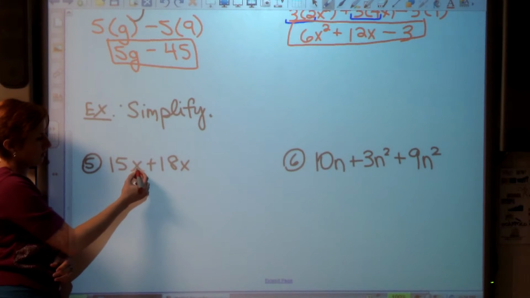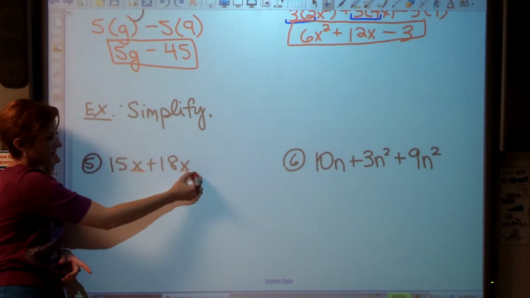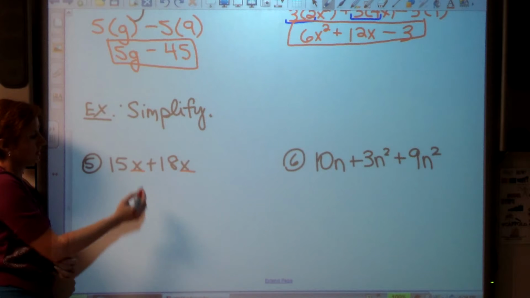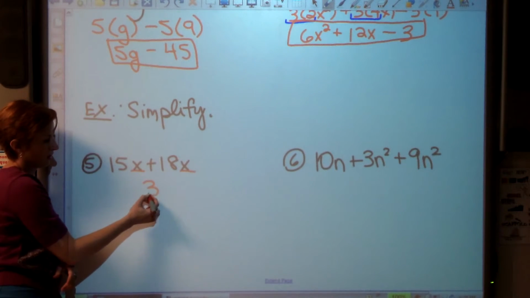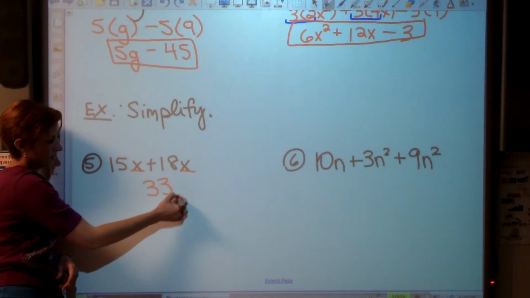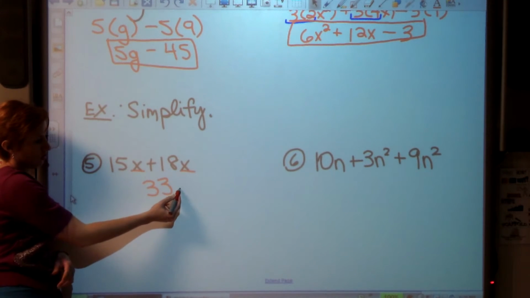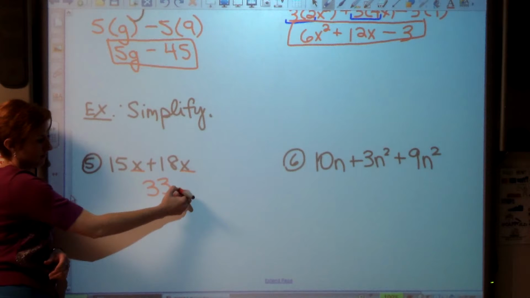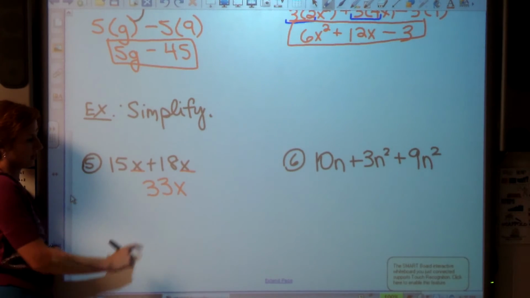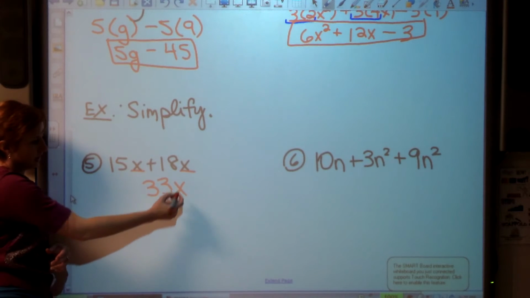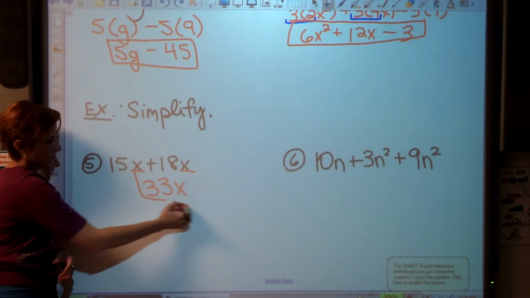We have an x here without an exponent. We have an x here without an exponent. So 15x plus 18x is going to give us 33x. Basically, the x just drops down. Nothing really happens to him. He just drops down.